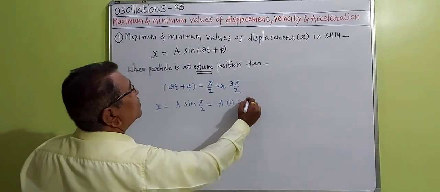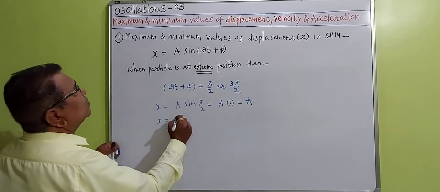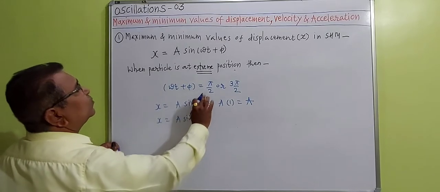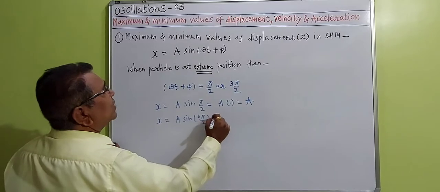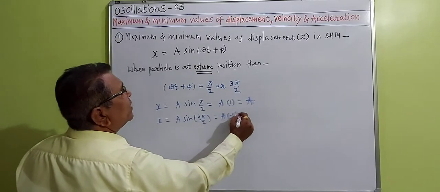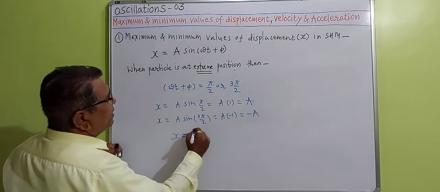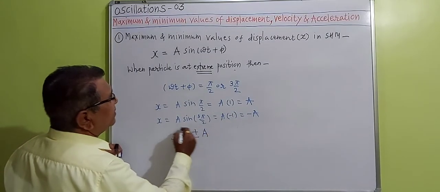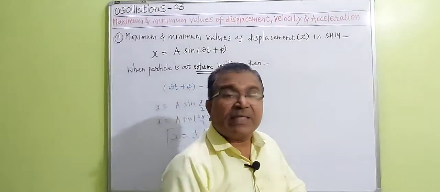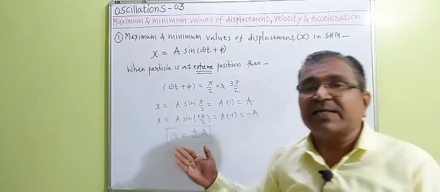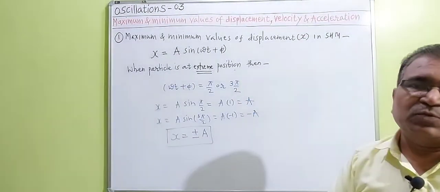So we get x is equal to capital A. Then x is equal to capital A sine of 3 pi by 2, and sine of 3 pi by 2 is equal to minus 1. So we get minus A. So displacement is either plus or minus A. This is the maximum amplitude we get, the maximum value when particle is at extreme position.